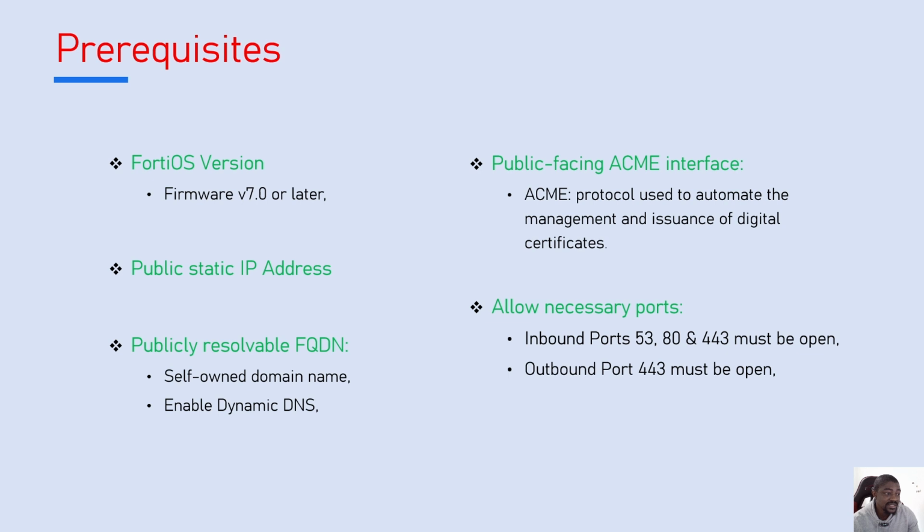So what are the prerequisites before you can generate a Let's Encrypt certificate from your FortiGate device? Your FortiGate needs to run firmware FortiOS version 7.0 or later. If you are running a 6 version, you will not be able to generate a Let's Encrypt certificate. You also need to have a public IP address, and you also need to have a publicly resolvable FQDN.